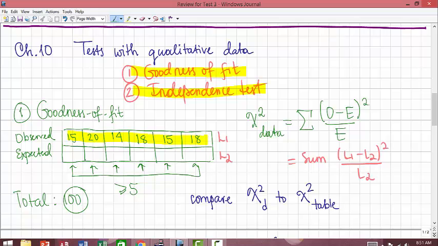And then let's say the problem says all of these proportions are the same. Then what is your expected number that's going to go in each of these cells? Well, it will be 100 over 6, right? Because we have 1, 2, 3, 4, 5, 6 categories. Okay? 100 over 6, and let's see, how much is that?